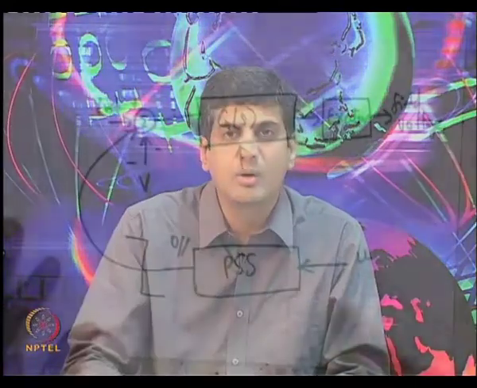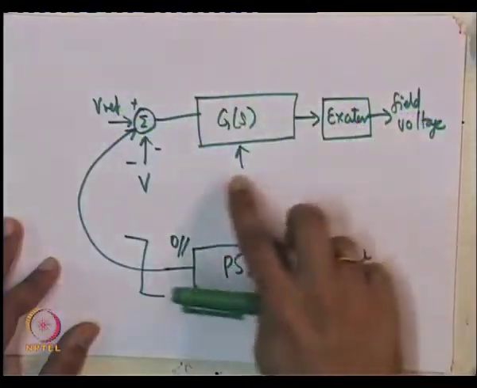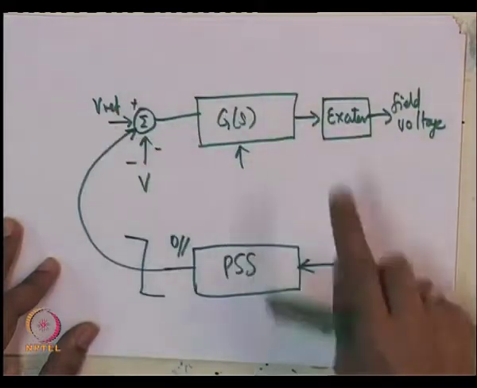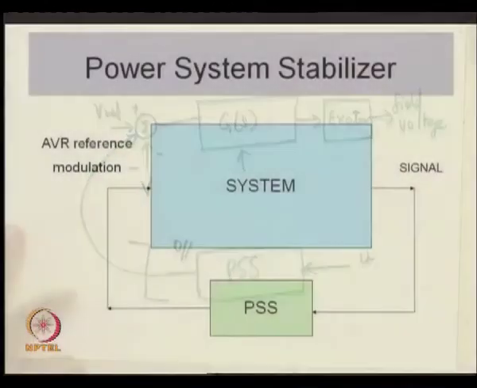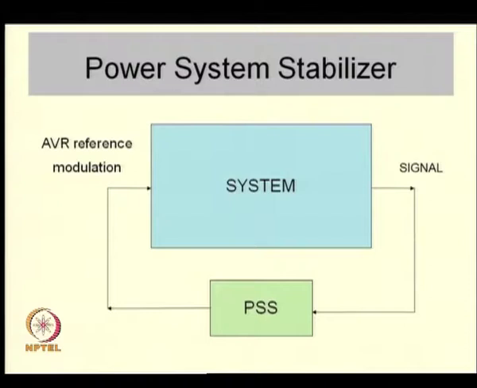Now, whenever people use the word power system stabilizer, they usually refer to the auxiliary controller which is present in the excitation system of a synchronous generator. If you just look at how the typical block diagram would look, you have got a power system. The input to the power system is the reference voltage which you give to an AVR.